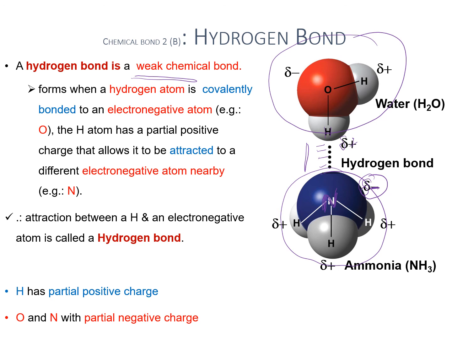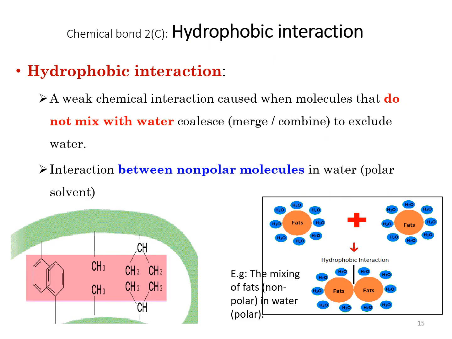Remember, a covalent bond only exists between atoms within a molecule, not atoms within different molecules. Therefore, the attraction between a hydrogen atom and an electronegative atom, in this case nitrogen, is called a hydrogen bond. Hydrogen has a partial positive charge, whereas oxygen and nitrogen will have a partial negative charge.